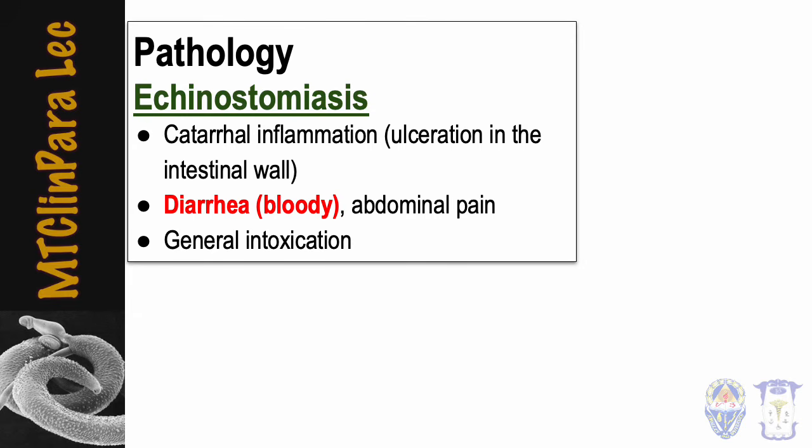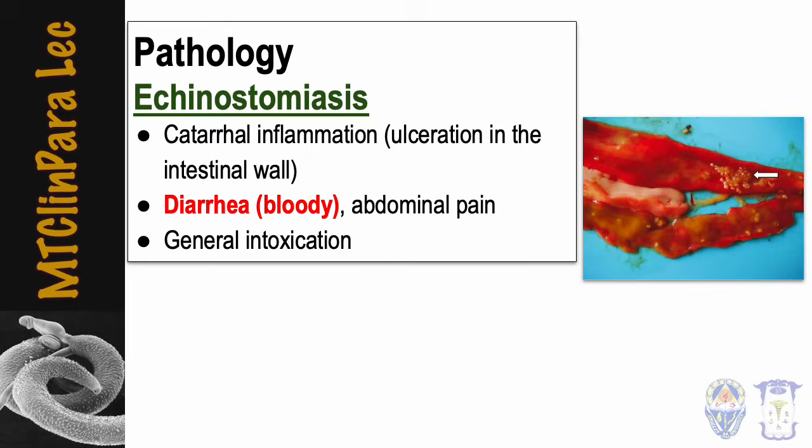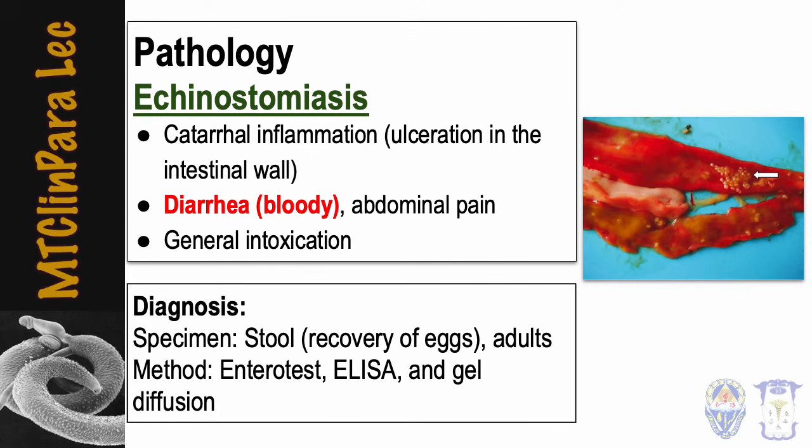Diarrhea, specifically bloody diarrhea, is experienced by the patient, associated with abdominal pain. For the diagnosis, the specimen of choice is still stool. Adults are acquired through enterotest, and ELISA and gel diffusion are still the diagnostic tests for this parasite.